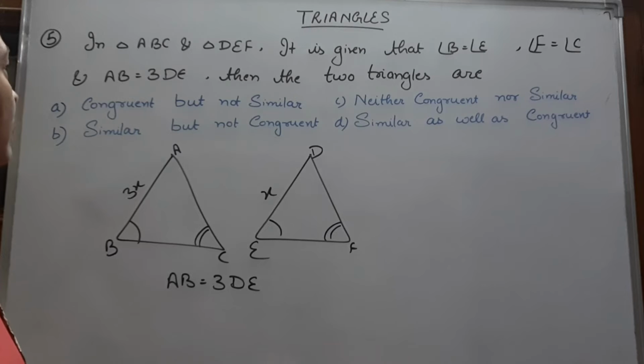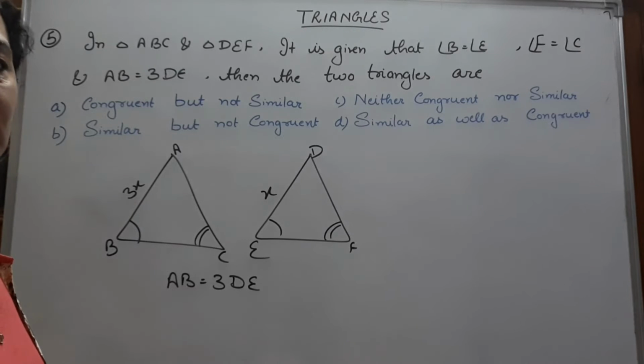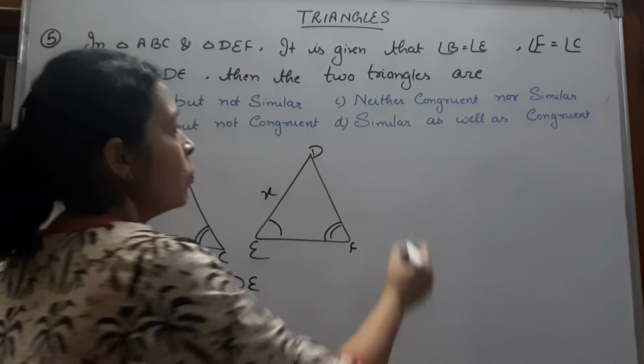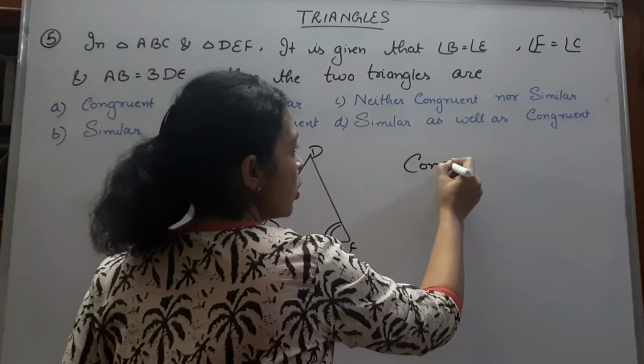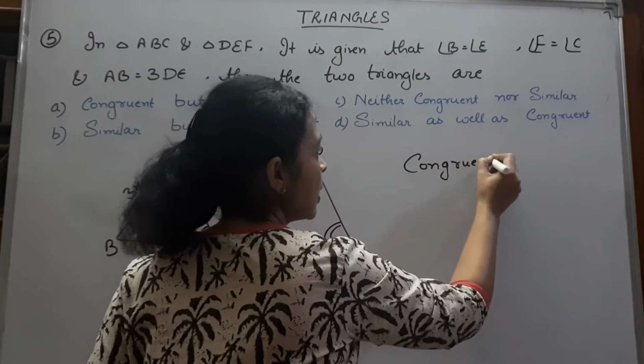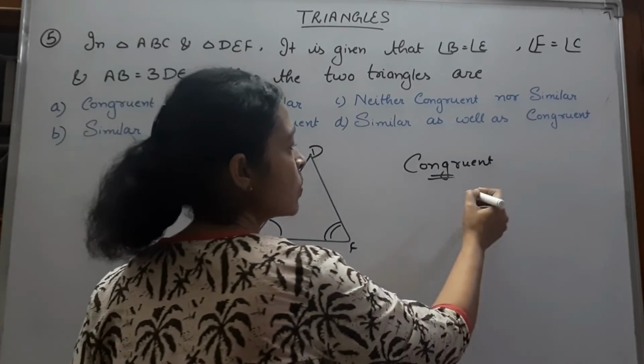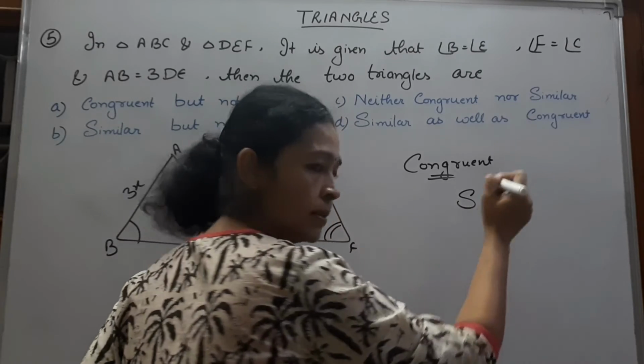Now we have to check whether these triangles are congruent or similar, or either congruent or similar. Now, if two triangles are congruent, what are the criteria for congruence of triangles? First one is SSS.